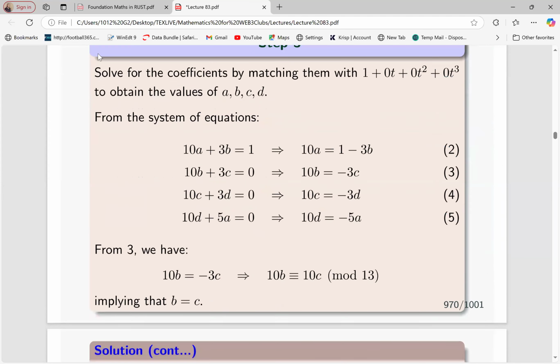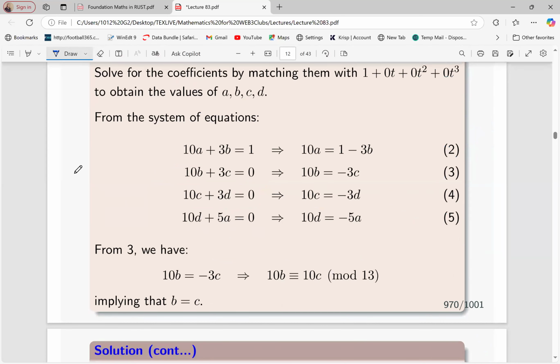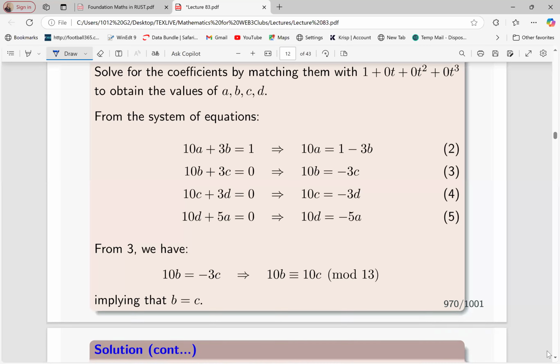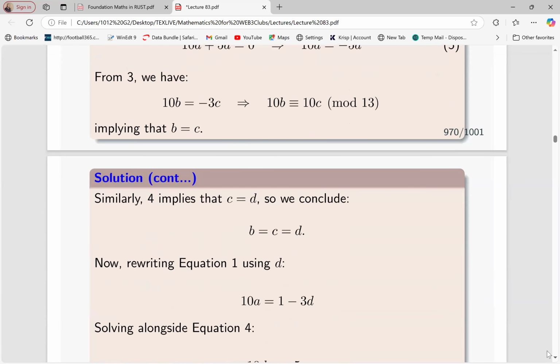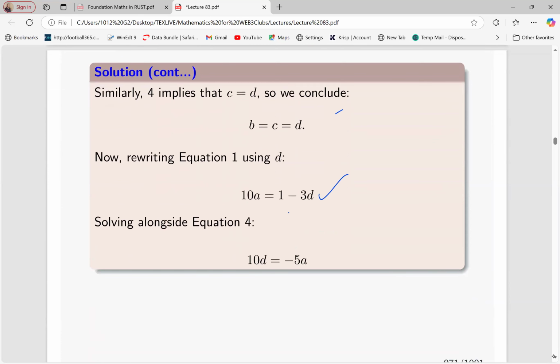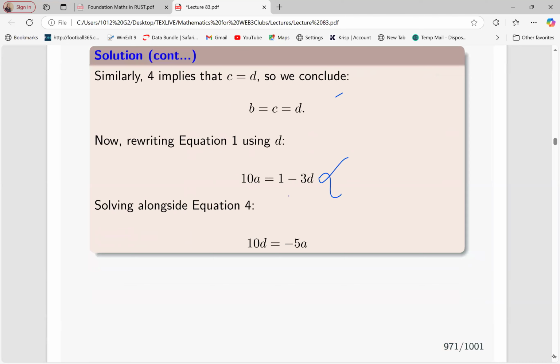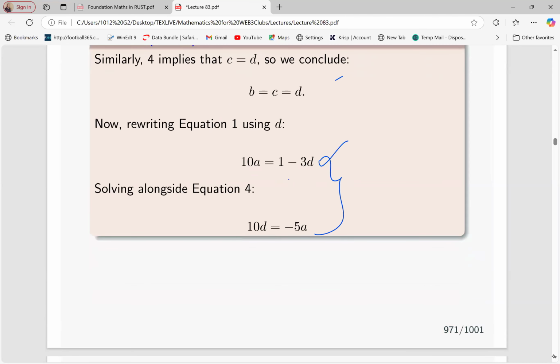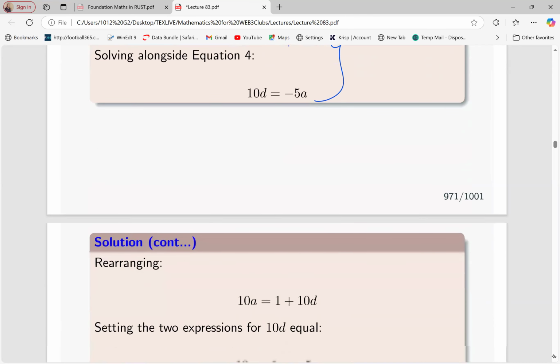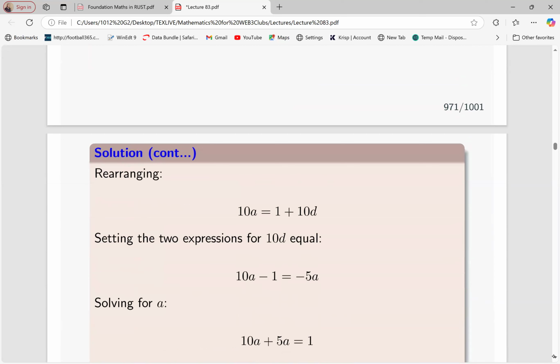So this is what I was doing, what I've been explaining. I've already explained this part, and then I've explained up to here, where we then reverse: where there is b, we can write d. And so we explain this, and then we solve these two equations for a.